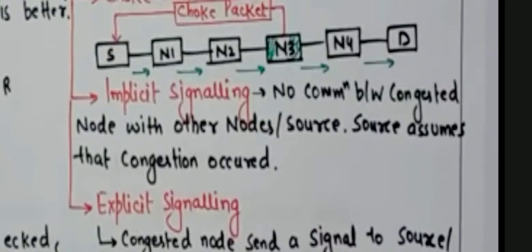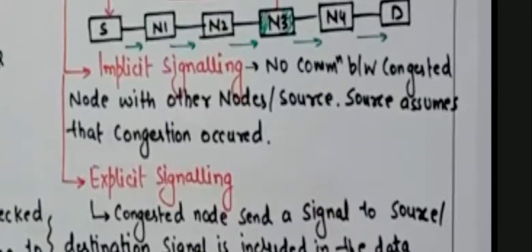The source assumes that congestion has occurred. The source understands congestion will occur when the acknowledgement is not received from the destination, or when the acknowledgement time between destination and source is delayed. So automatically the source will understand. This procedure is called implicit signaling.